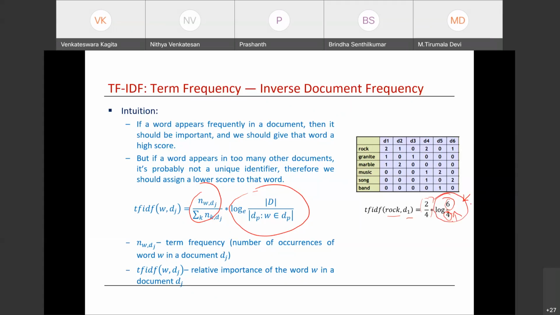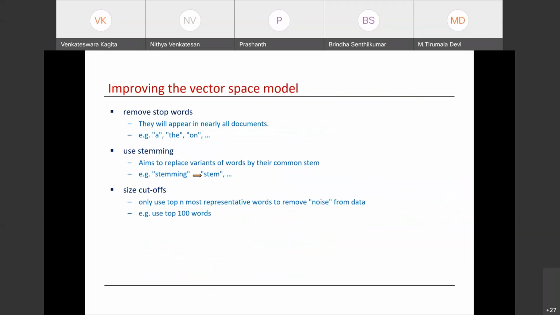So if the word is appearing in all the documents, then you give lower importance to that. So you multiply term frequency and inverse document frequency, and you get the TF-IDF measure, right? So you compute the TF-IDF measure and make the recommendation accordingly.